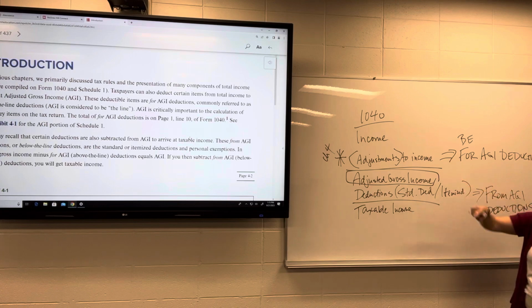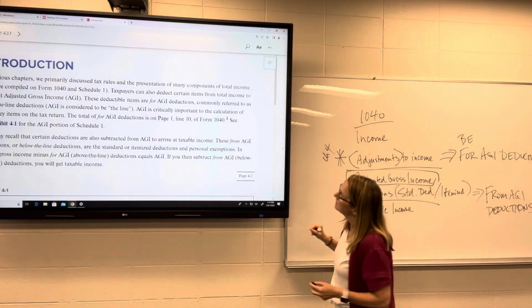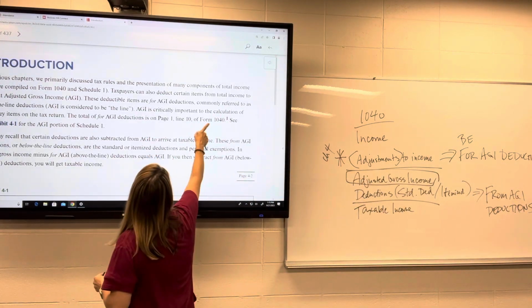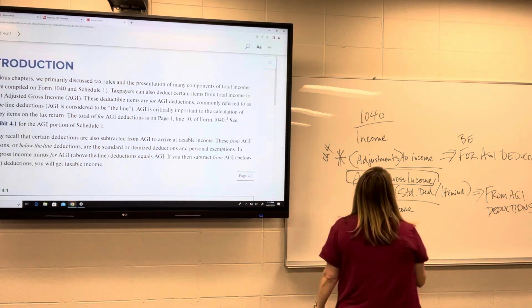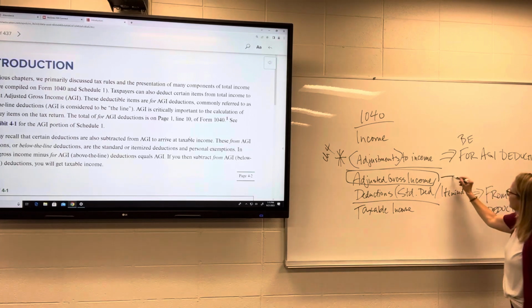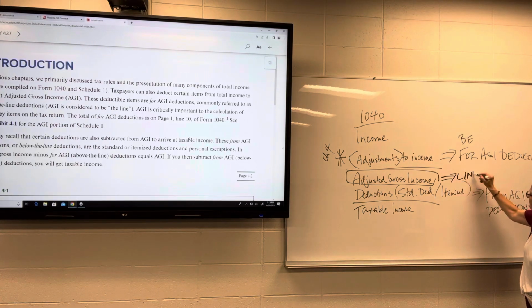Now, your book also uses this terminology of above the line and below the line. Essentially, this is the line. The line is AGI.